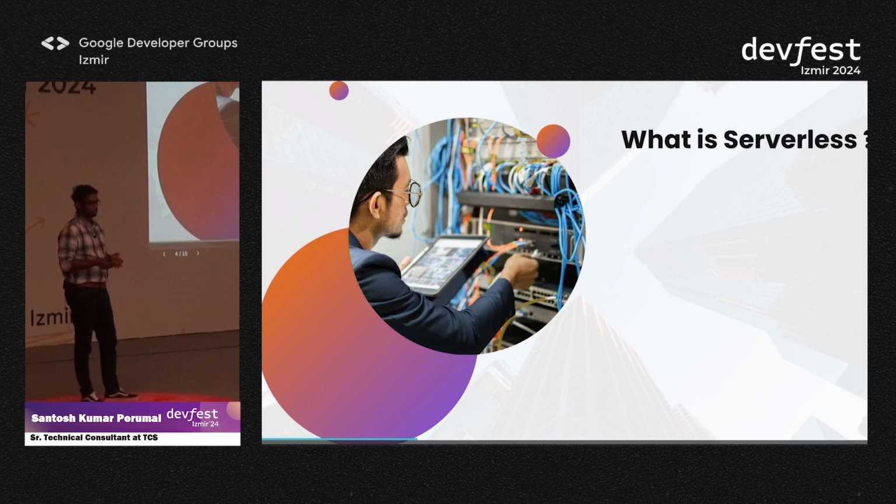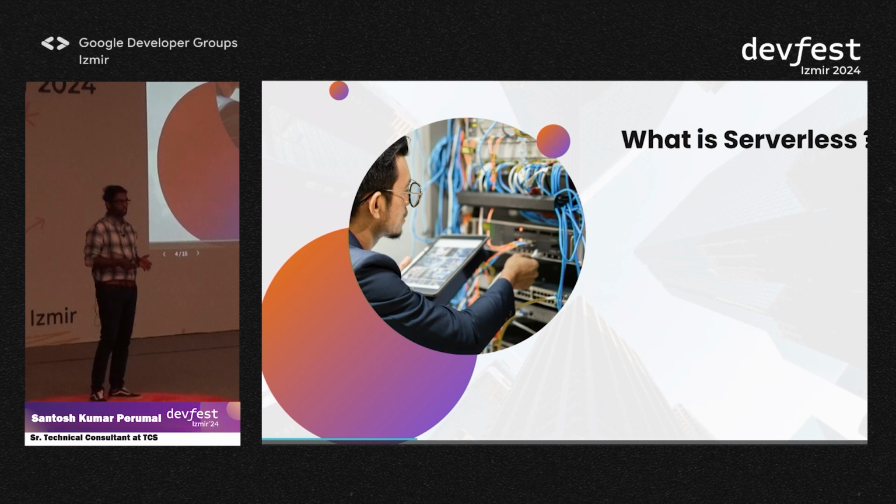That was a huge challenge. So that's where organizations thought, why can't I take this off my burden, so that I can build better products and better applications? That's where the concept of serverless came into the picture.